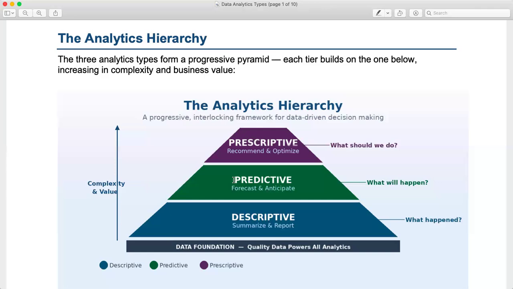Then comes predictive analytics, where we are forecasting or anticipating what will be happening in the future. That means whatever we have understood from our data, some event or pattern or incident has happened in the past.